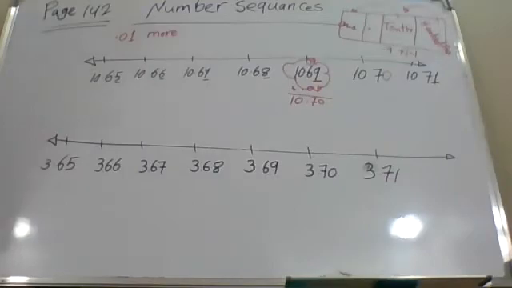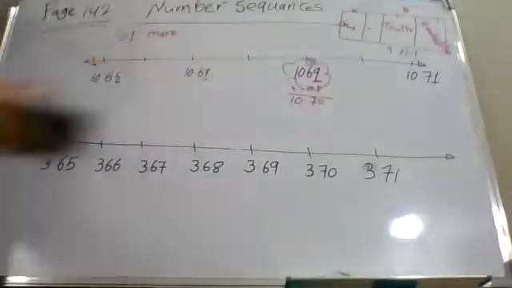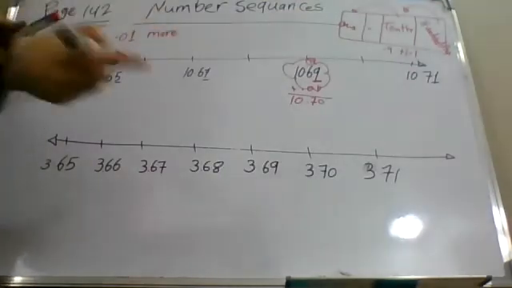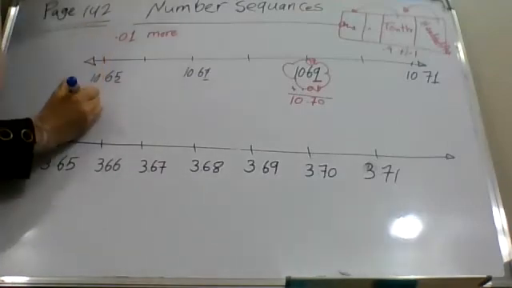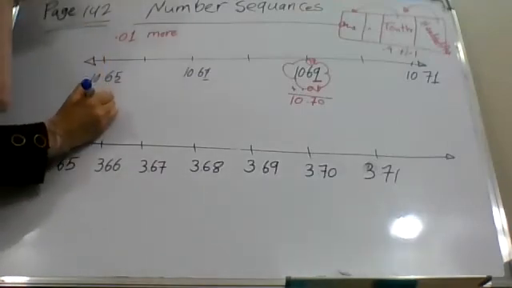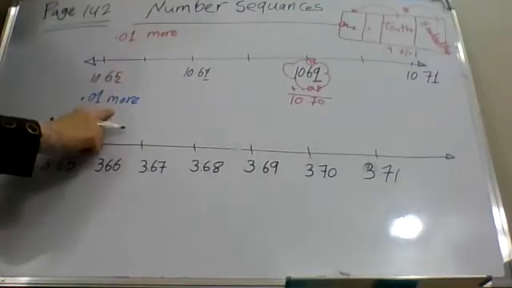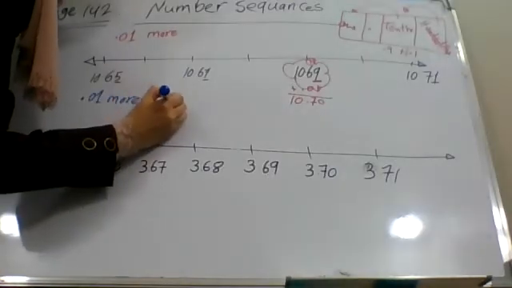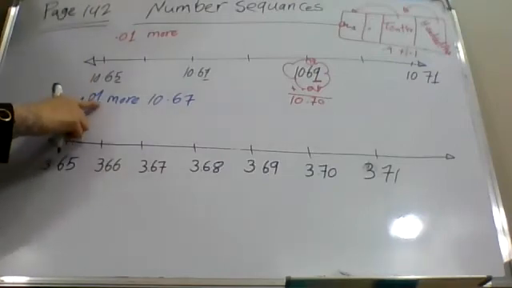Now, if I give you more or less numbers, you can guess what the numbers are, okay? Look at the first number here. I need you to guess what is 0.01 more than 10.67. Look carefully. So we are adding to the 100th place.